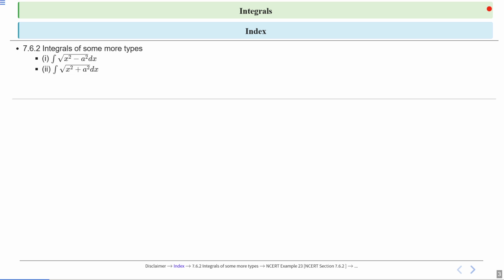At first we see how we can integrate the type square root under x square minus a square dx. Then we see how we can integrate square root under x square plus a square dx. And at last we see the special type of the form square root under a square minus x square dx, and then do some examples on this special type.